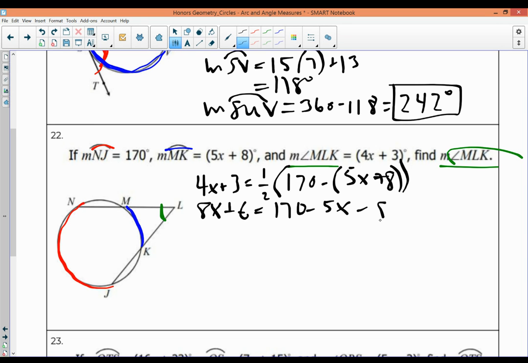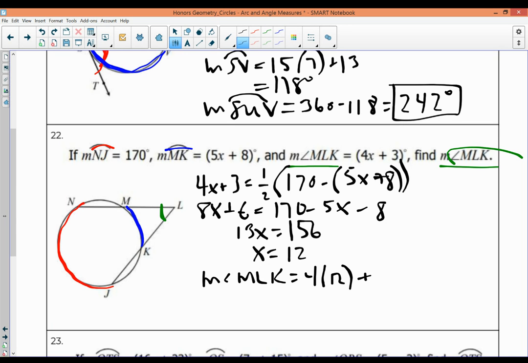And then it becomes minus 8. All right, get all my variables to one side, which leaves me with 13x. All my constants to the other side, leaves me with 156. So x equals 12. And then I'm looking for the measure of angle MLK, which is, substitute in, 4 times 12 plus 3, 51 degrees.